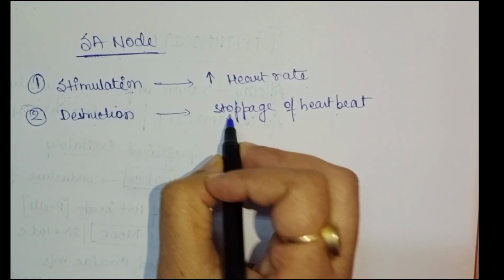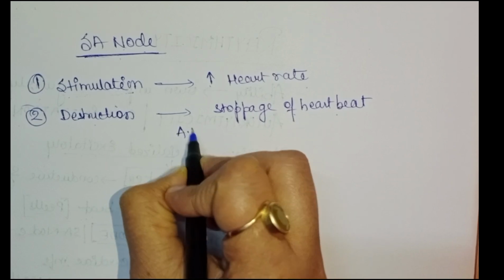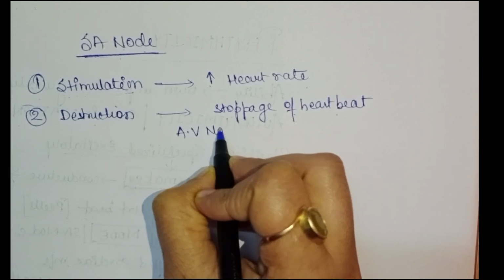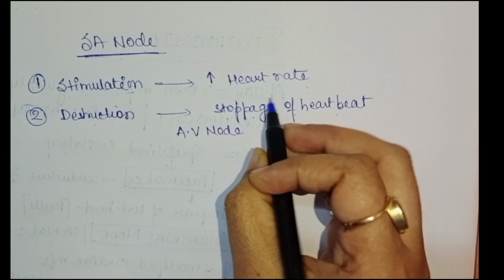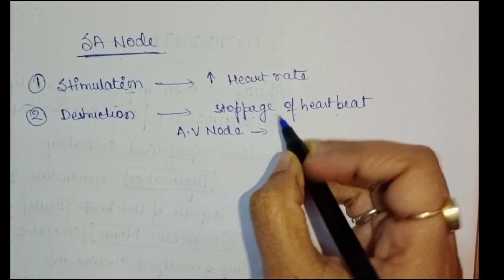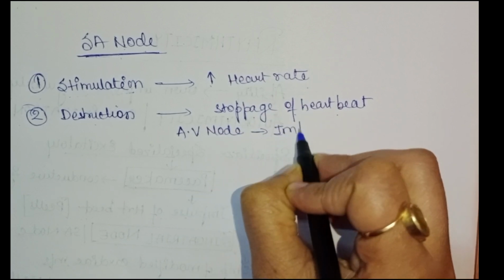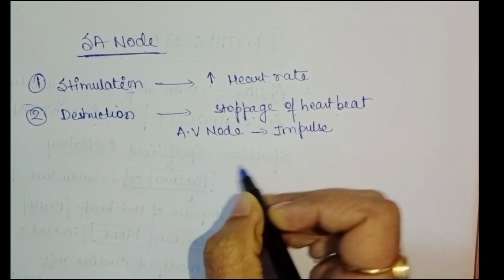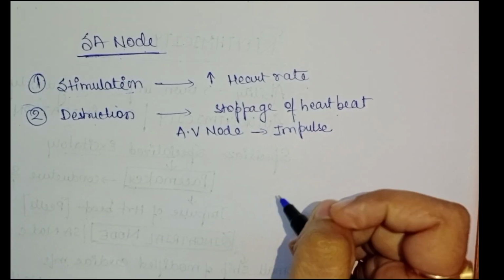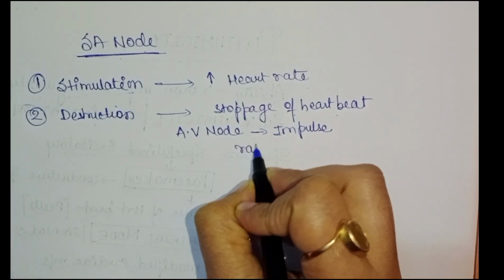After some time, the AV node, that is the atrioventricular node, becomes the pacemaker and starts generating the impulse. So the heart starts beating, but the rate is slow.